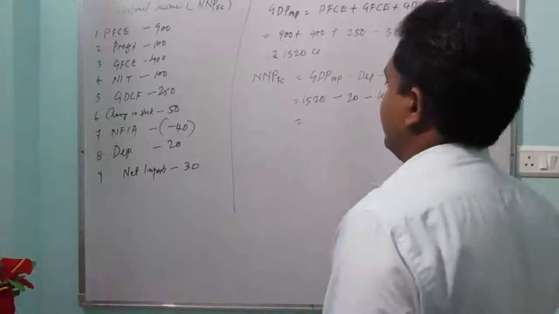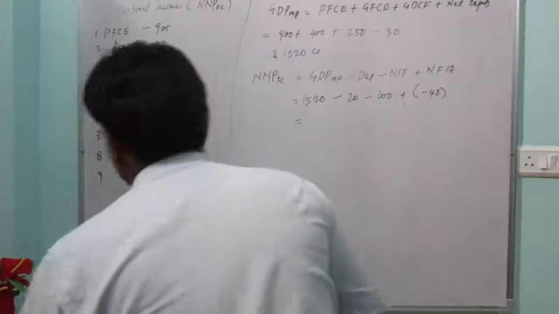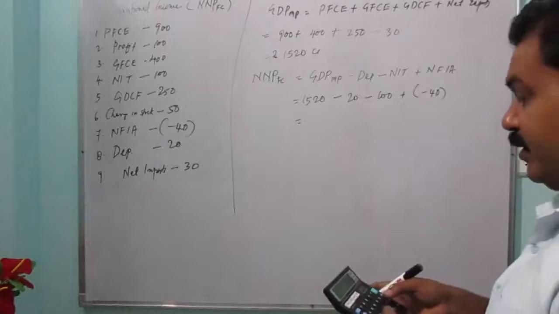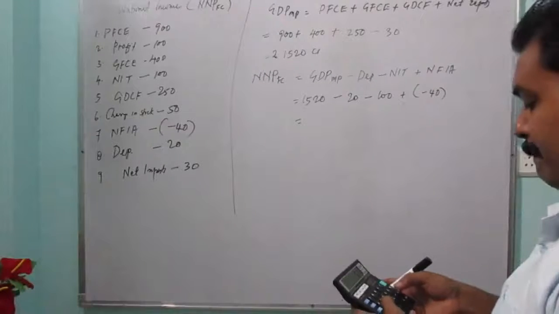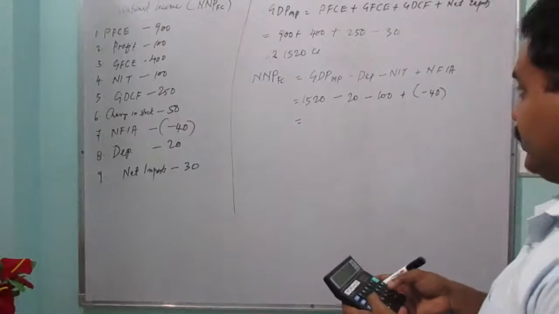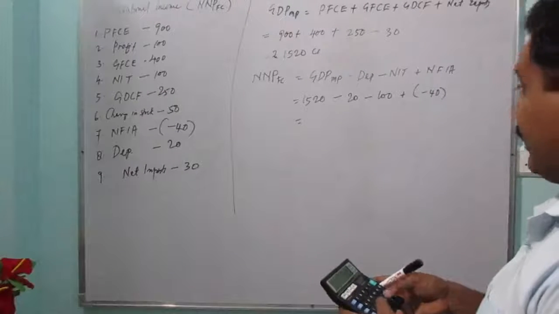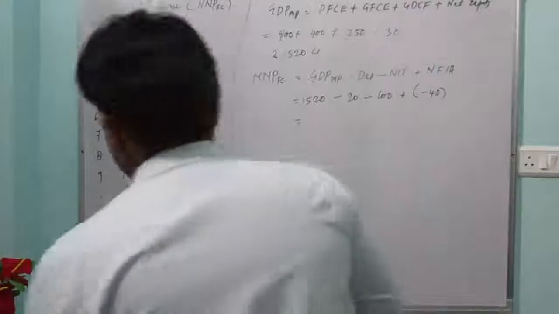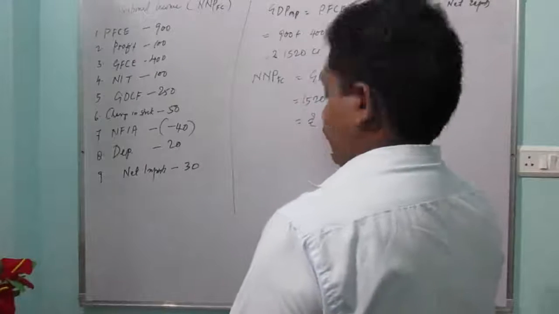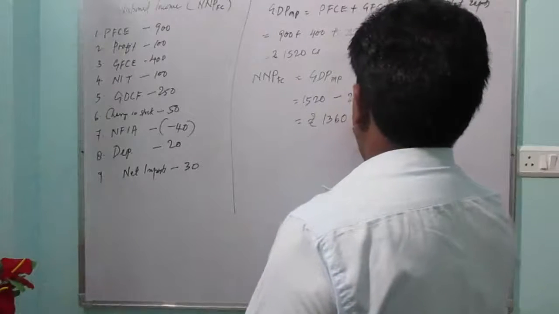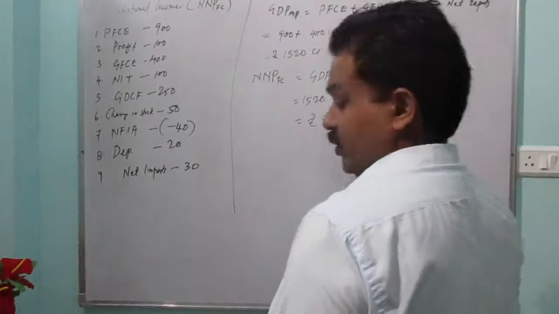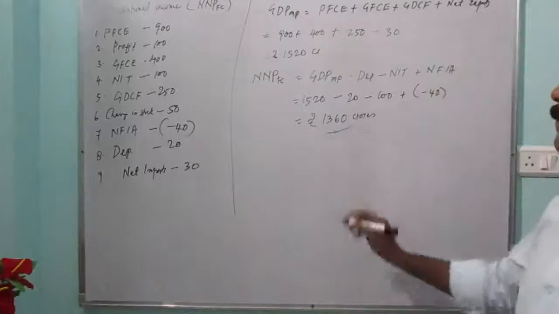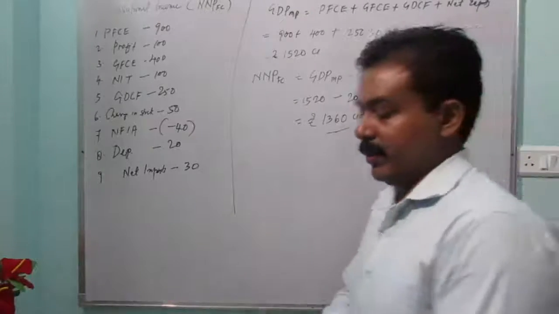Then we need to calculate this. 1520 minus 120 minus 40 equal to 1360 crores. Understood?